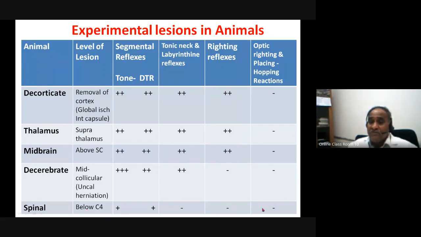So I would use some of those neck reflexes with caution here, because they try to orient the neck and head relation, they may be present. So that is about the spinal animal. There are a lot of conflicts and controversies here because the cranial nerves supplying the muscles are intact. They will try to govern certain features of the head and neck muscles.